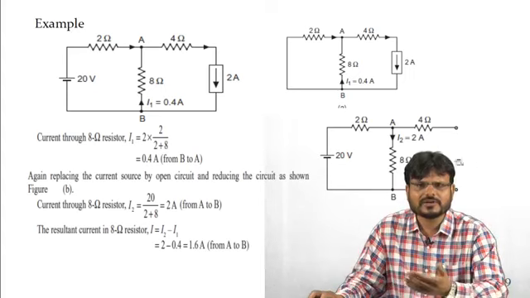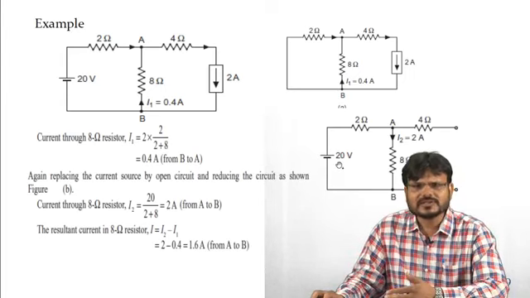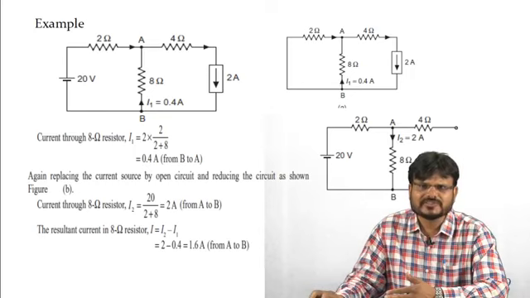Now again you have to find this current I2. Here you can see whatever current flows from this 20 volt source will flow only in this path, because this is an open circuit. So there is no current in the 4 ohm resistance. Whatever current is flowing due to this voltage source will flow through only this path.